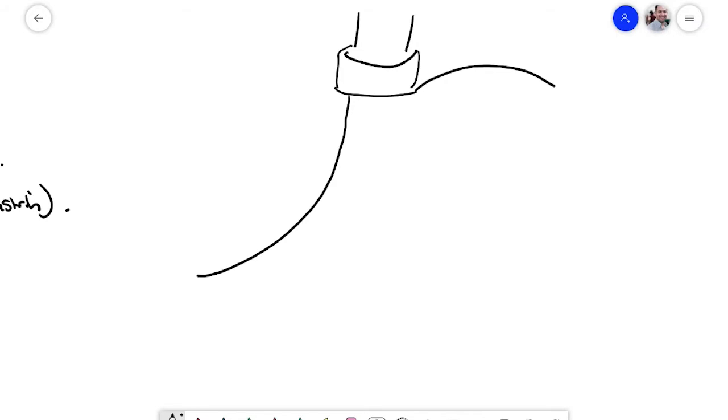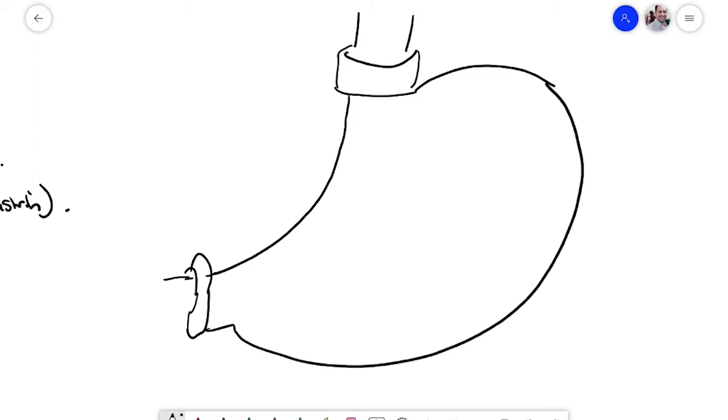Scoop the stomach around like this. Sorry, my OCD. And finish our stomach like that.